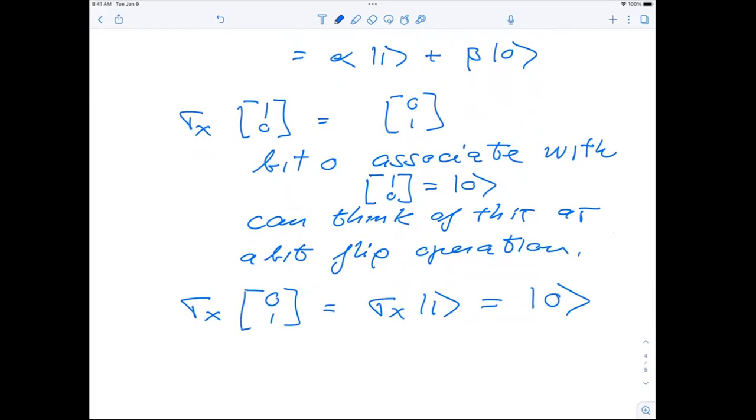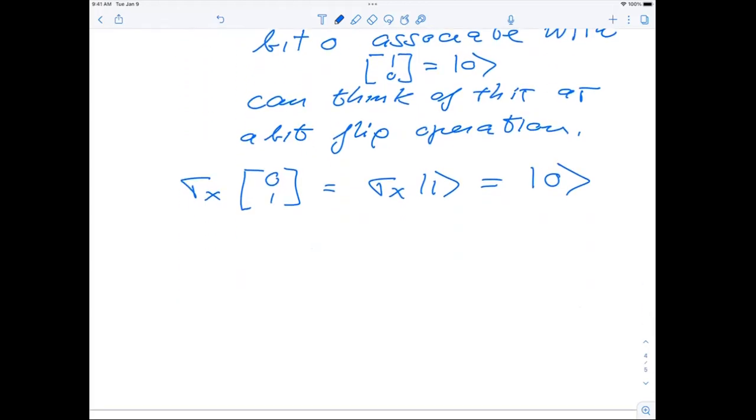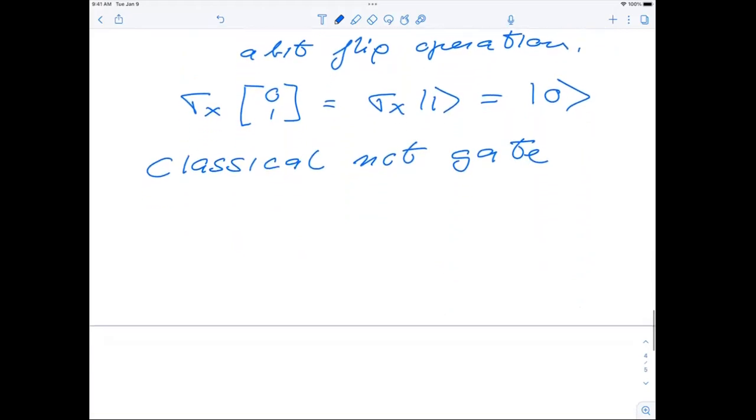So the sigma x operator, or the matrix itself, is something which we can now represent in terms of a logical operation. Let us quickly remind ourselves, before we take a small break, of a classical NOT gate. A classical NOT gate is a gate where you send in a bit, and then this bit gets transformed to a new one.